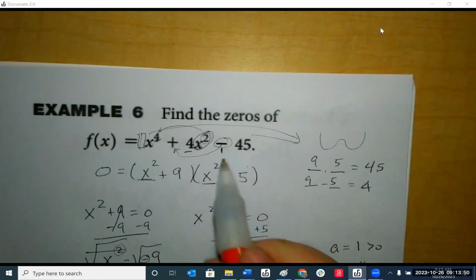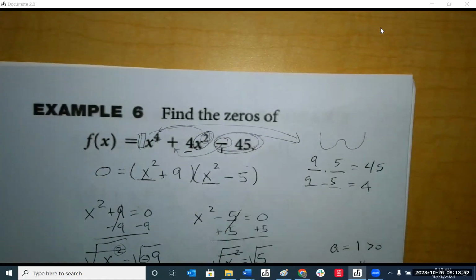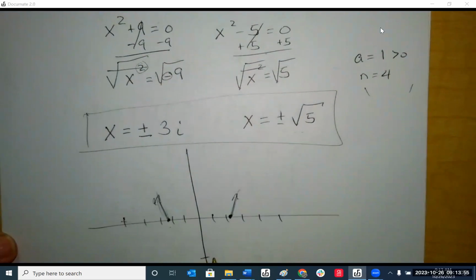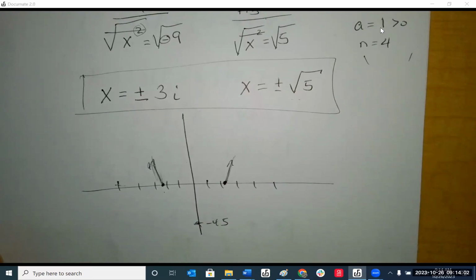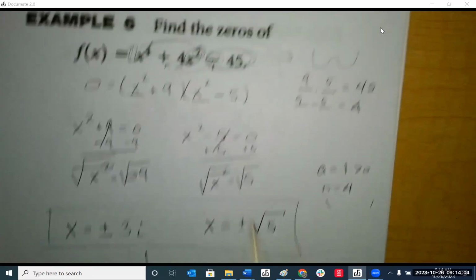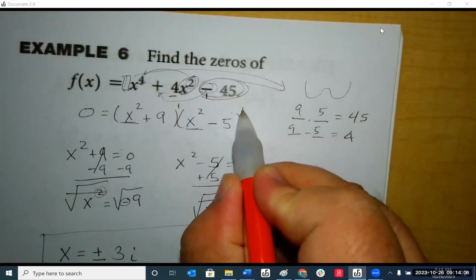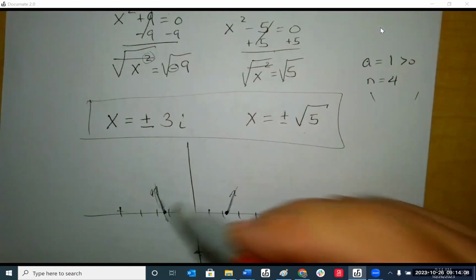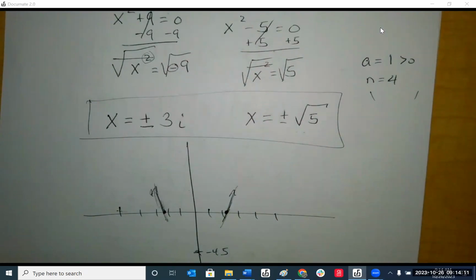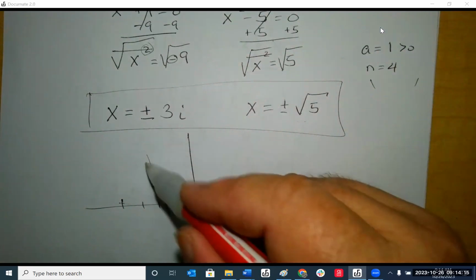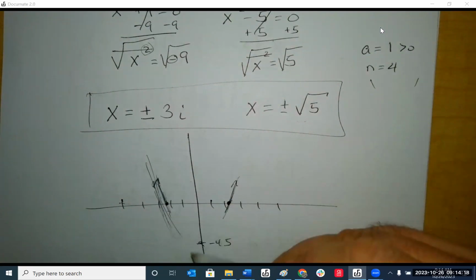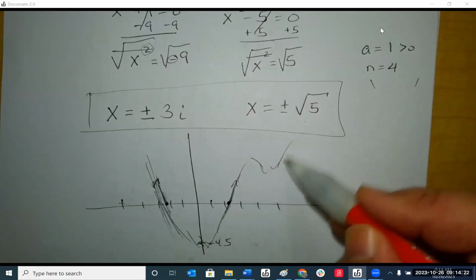And we also know that our y-intercept is negative 45. So we have to cross at negative 45. The multiplicities of these factors are both 1, so we cross. So this graph will look something like that.